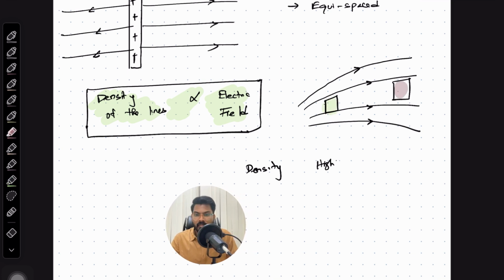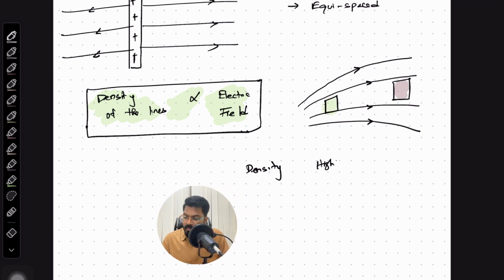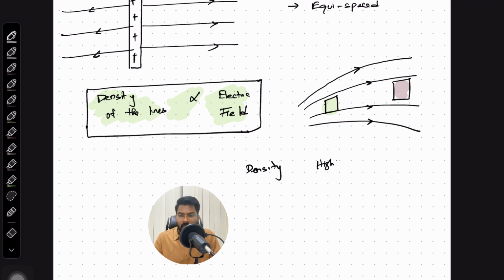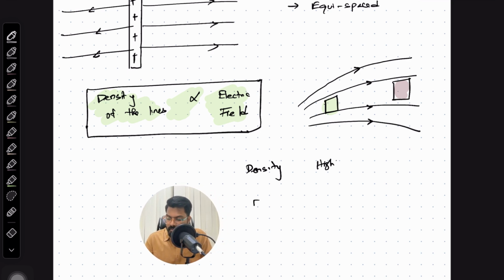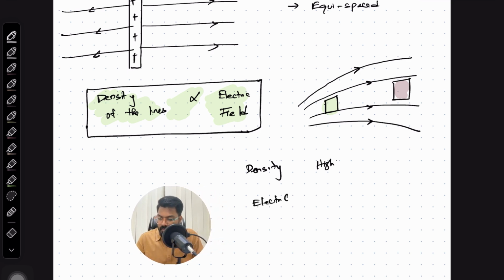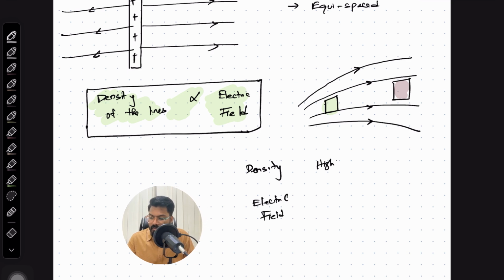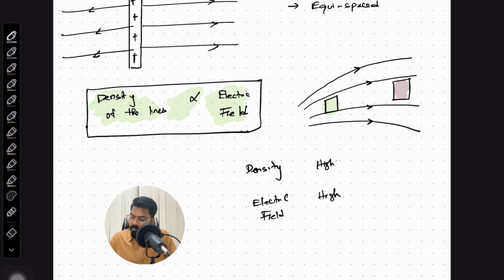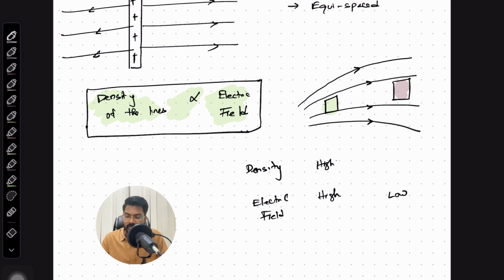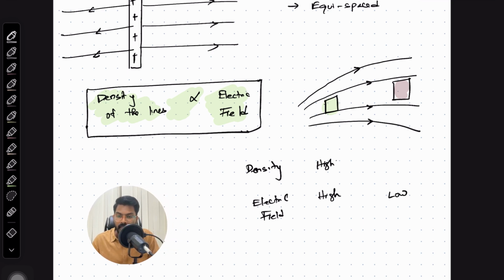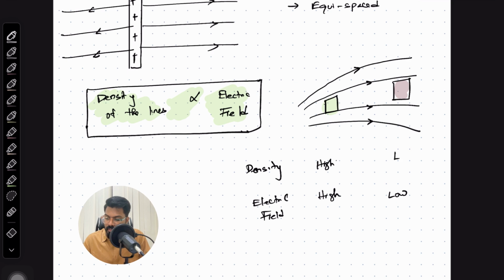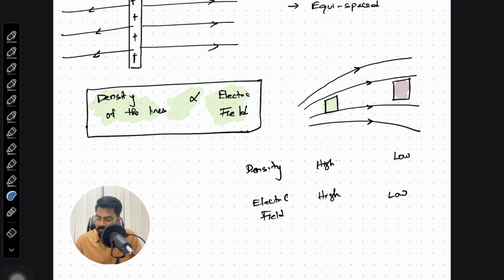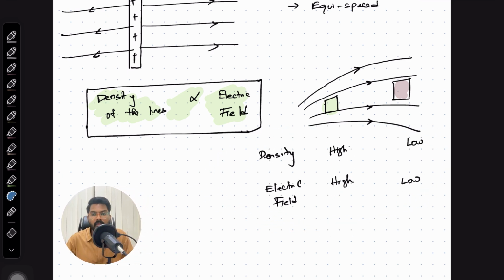There are two different surfaces. So the electric field at the green surface is also high. As we move, the electric field goes down, becomes lower, and the density also goes down. That also becomes lower. So that is a key observation which we would want to remember.